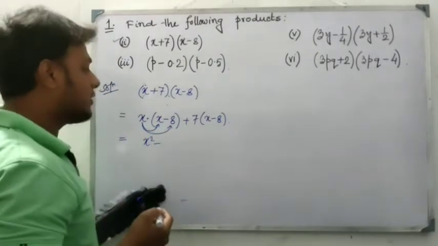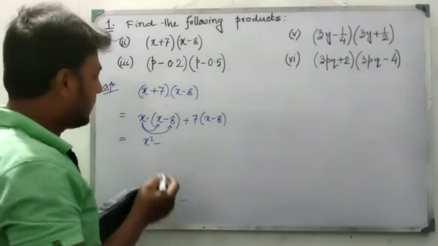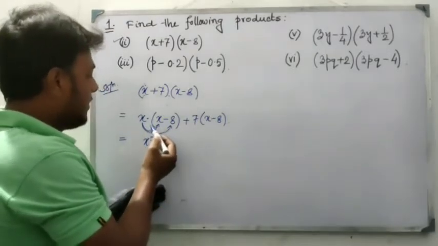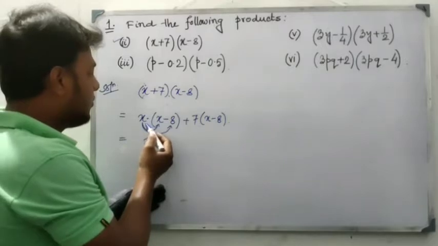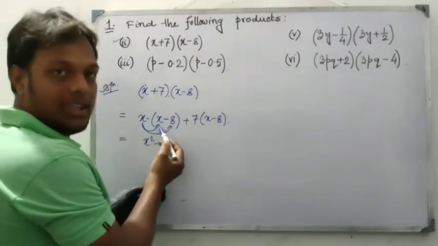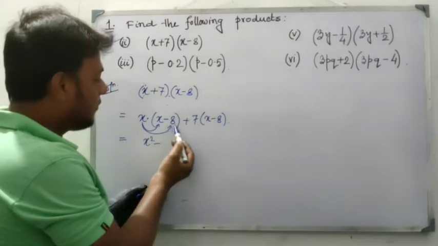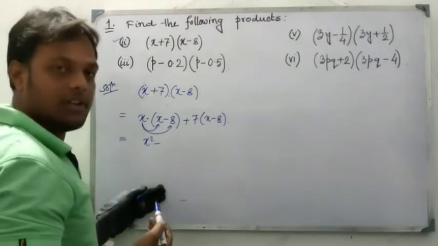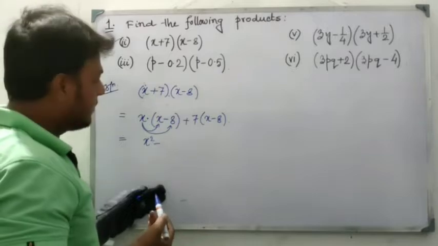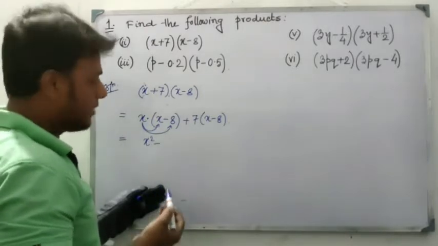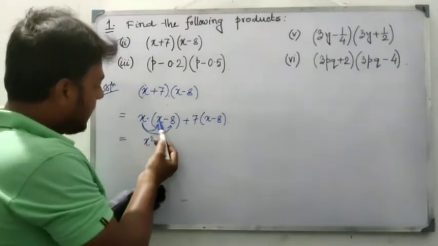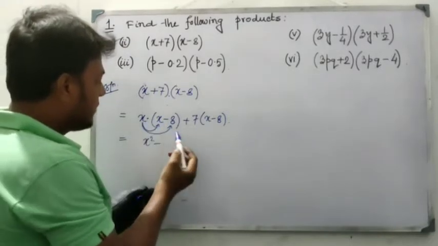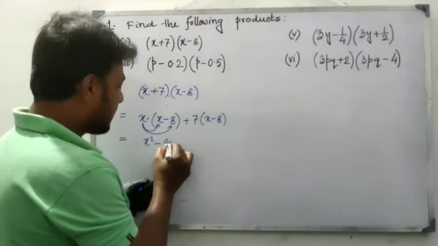Since x is outside the bracket, we have to multiply individually with each and every term in the bracket. After that, minus is there, so we multiply x and 8. The product of x and 8 is 8x.